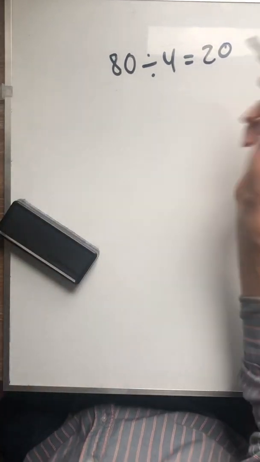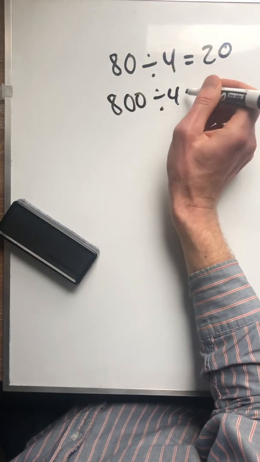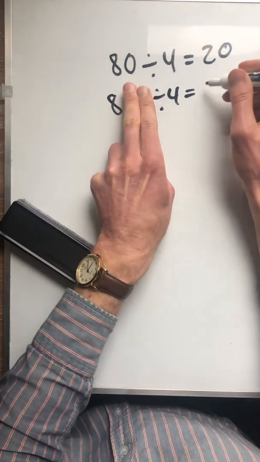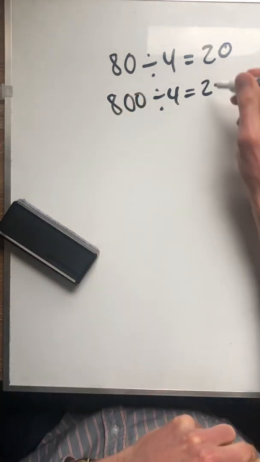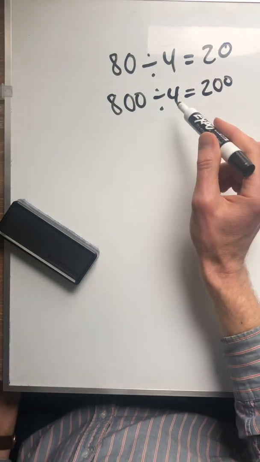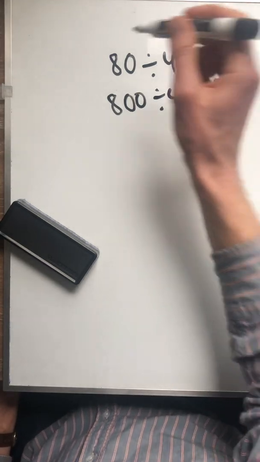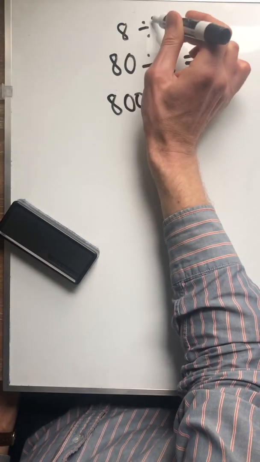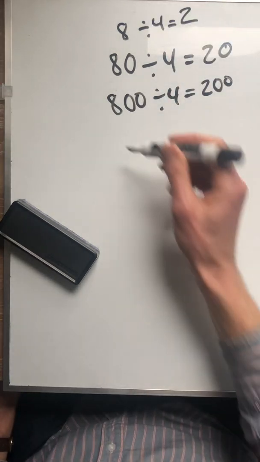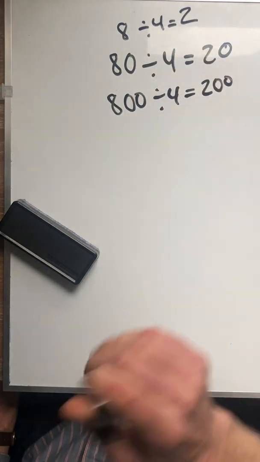So 80 divided by 4 is 20. 800 divided by 4 is, well, 8 divided by 4 is still 2, and you add the 2 zeros. Which makes sense, right? Because 4 times 200 would equal 800. 4 times 20 equals 80, or 4 times 2 equals 8. So you can just move those zeros to the other side.